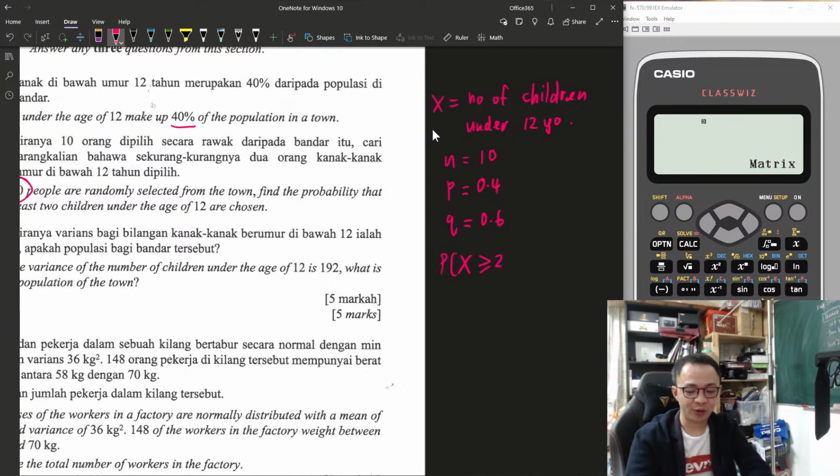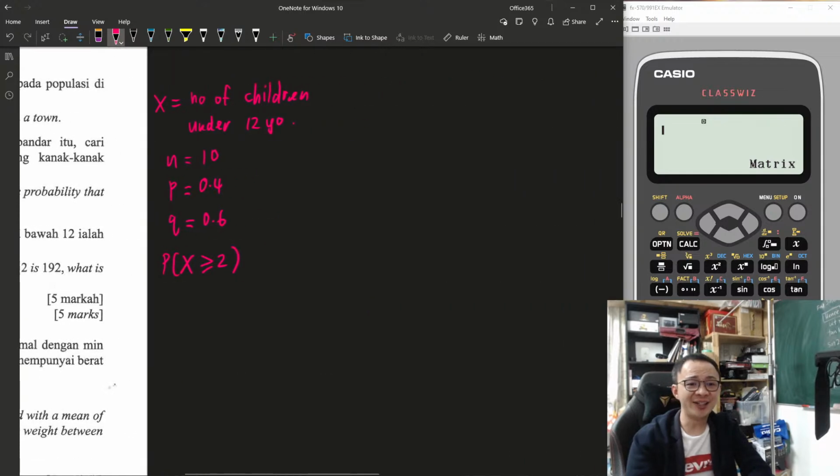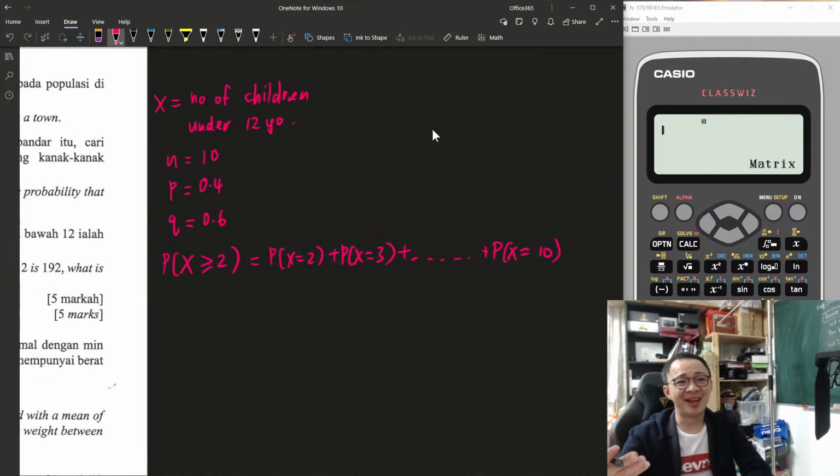At least 2. For at least 2, we need to do something like x equals 2 plus x equals 3, keep on plus until x equals 10. Of course, nobody is going to do so much working, right? So the easiest way is to minus the probability we do not want.